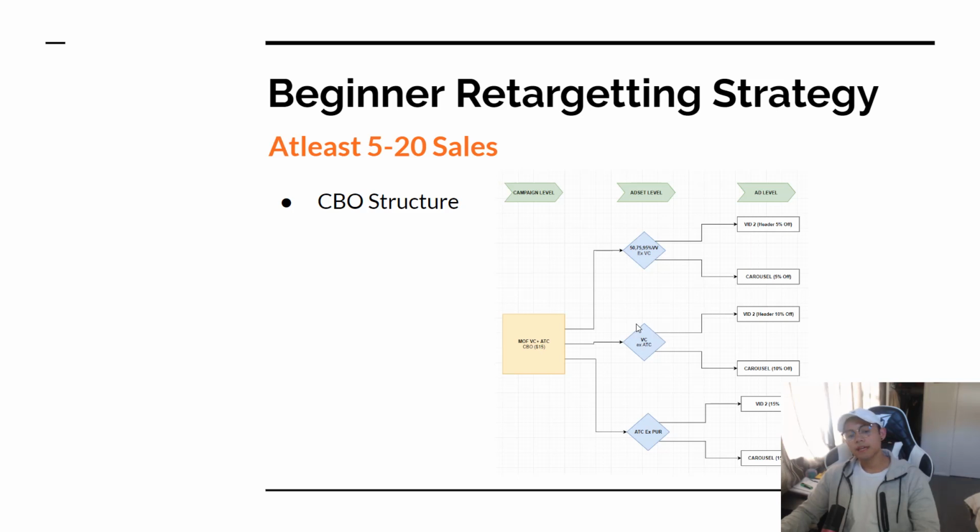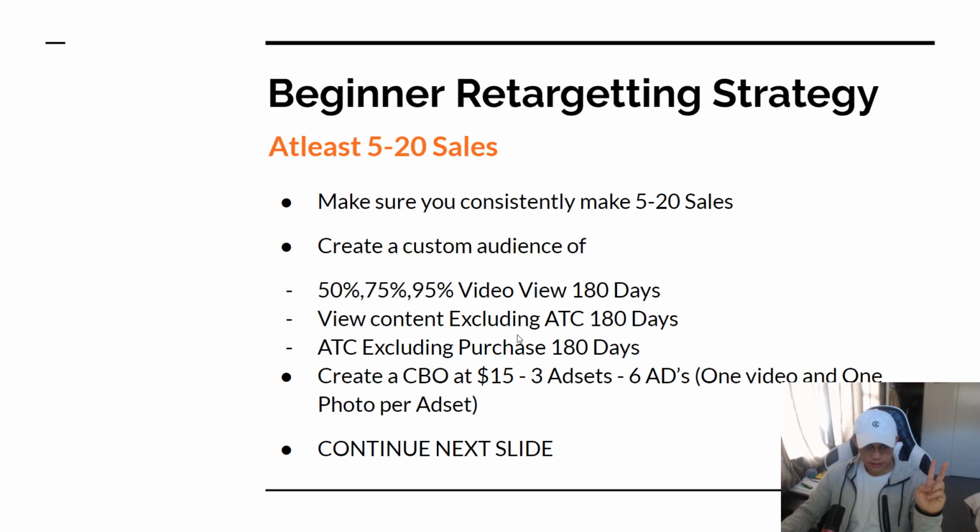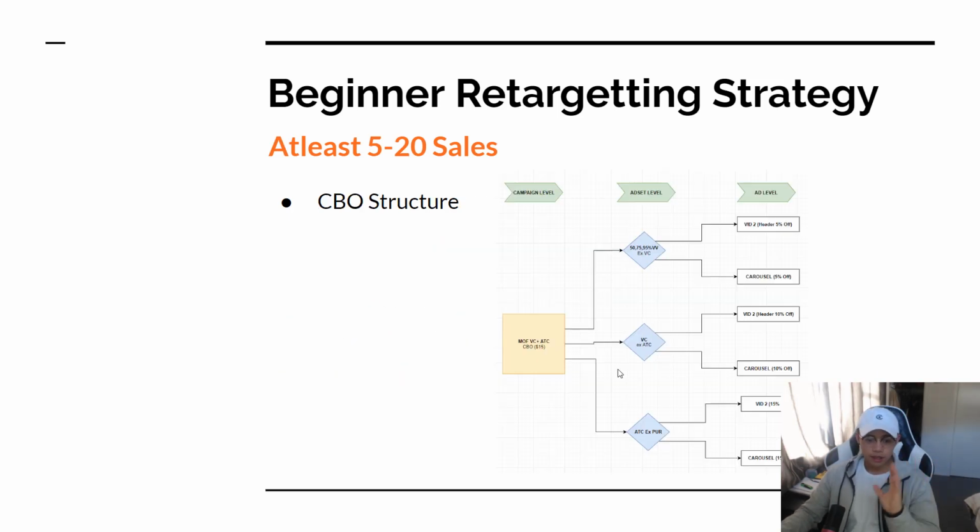Now you want to make your second ad set within that campaign, which is view content excluding ATC, and that's the custom audience here, which we have already made. You want to do the same thing, although you want to change the discount to 10%, because they're closer to purchasing than people who just watched.